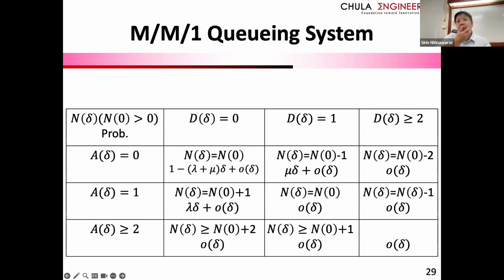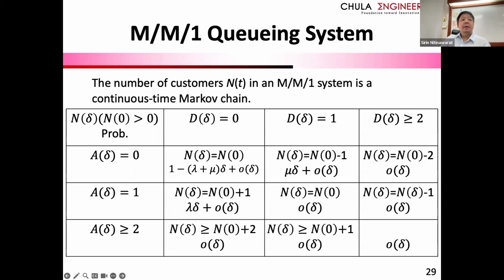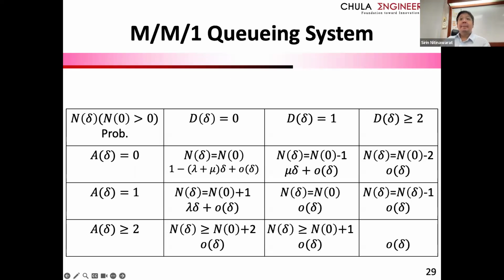Okay. So again, here is a small detail, but we have to separate two cases. The more usual case is when you start off with a non-empty system, okay? Meaning there are already some customers in the system, right?